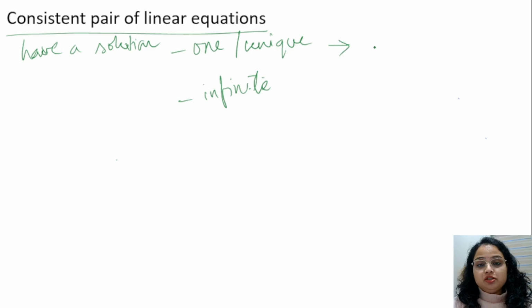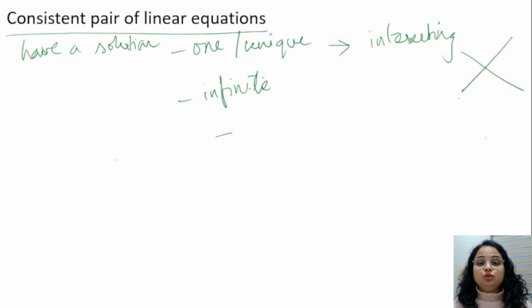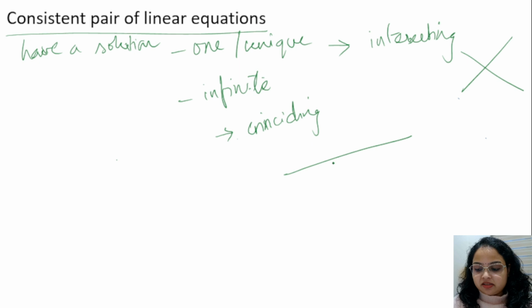If it has one solution, then the two lines are intersecting at one point like this. And if the two equations have infinite solutions, then the lines are coinciding like this, one line upon the other line.